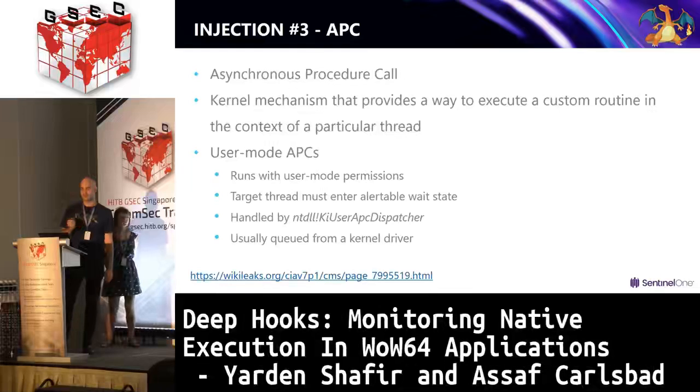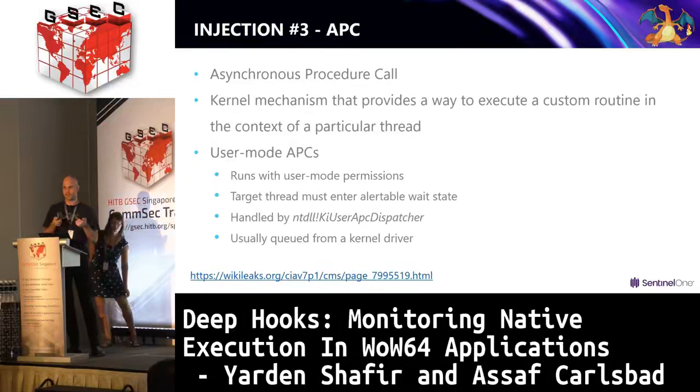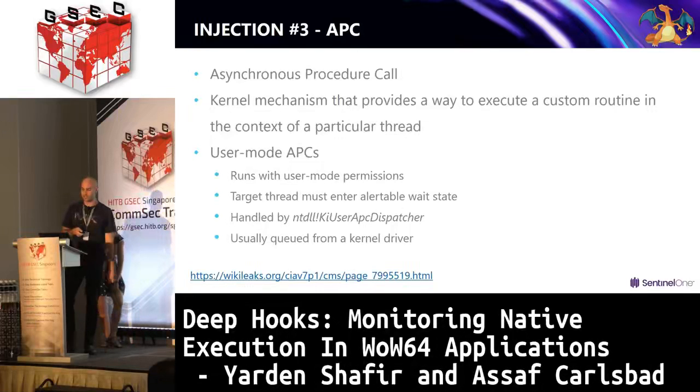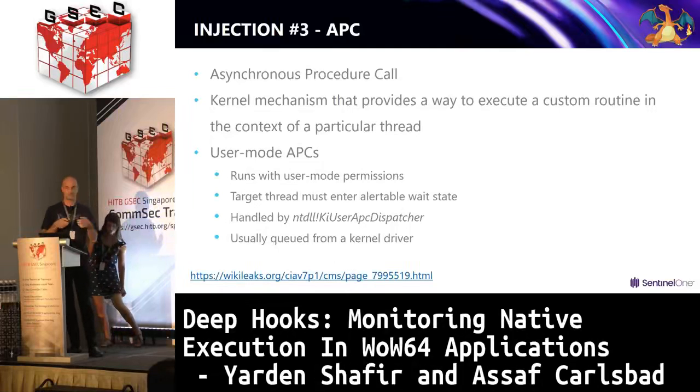User mode APCs have some distinct characteristics to them. First and foremost, the function that is about to be executed is going to run with user mode permissions, unlike kernel mode permissions. The second key characteristic is that in order for the APC to trigger or fire, the target thread must enter something called an alertable wait state.